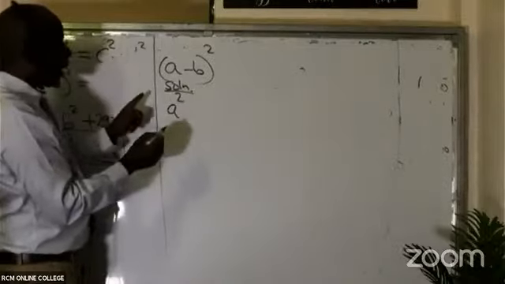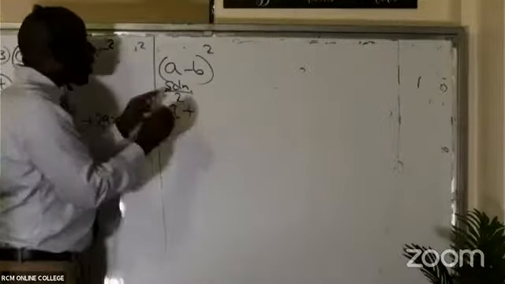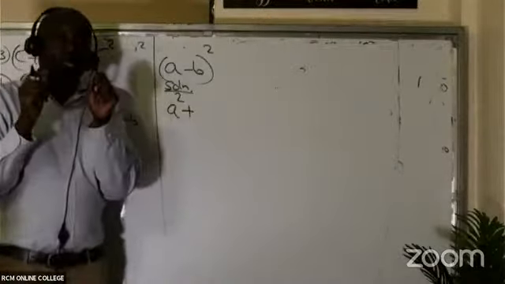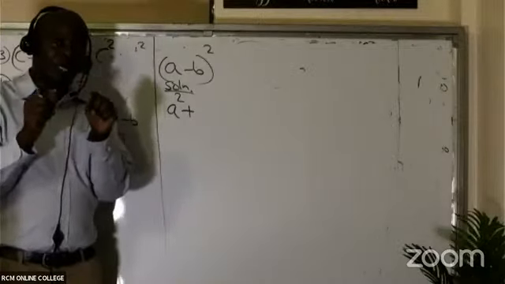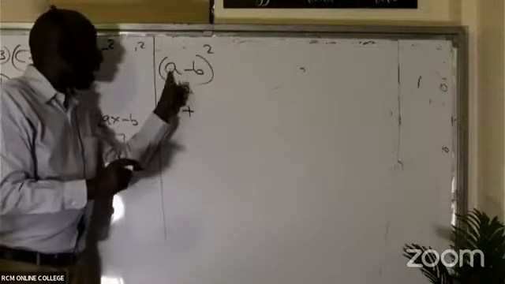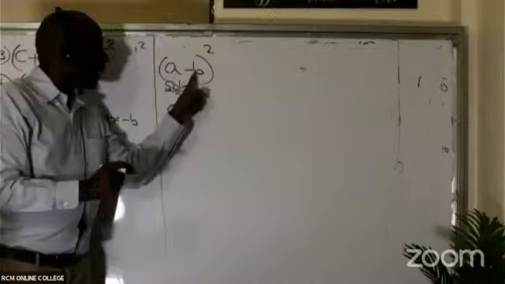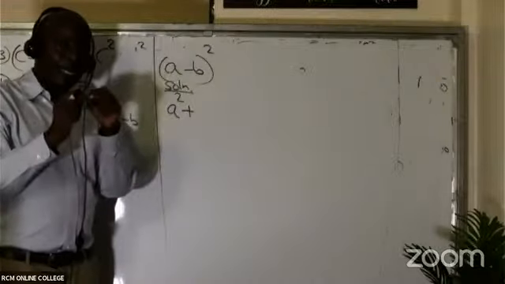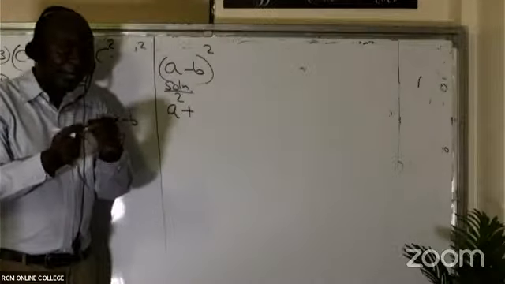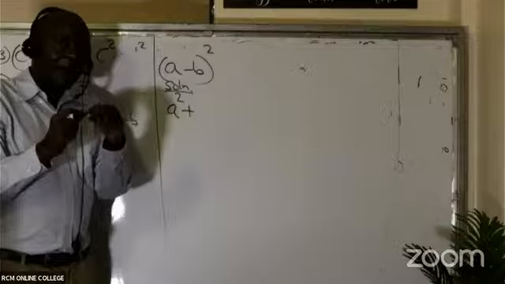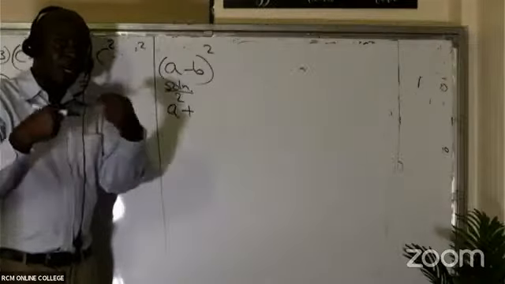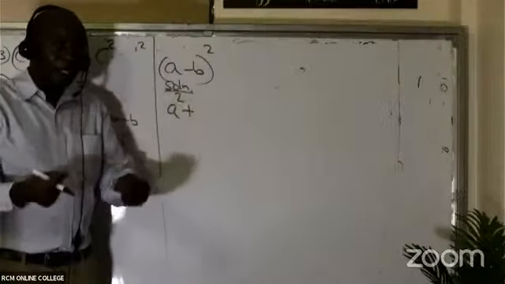Give us A squared plus the middle number. How do we get this middle number? You multiply these two, which is A times minus B, which is minus AB. But remember you have to double the result of the multiplication.